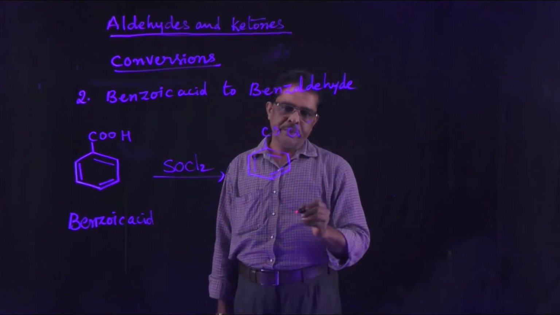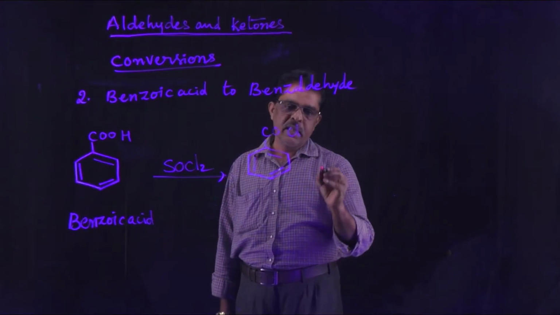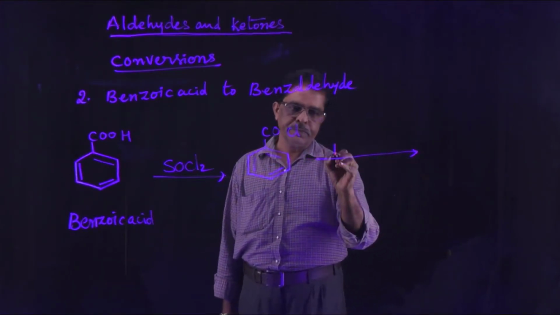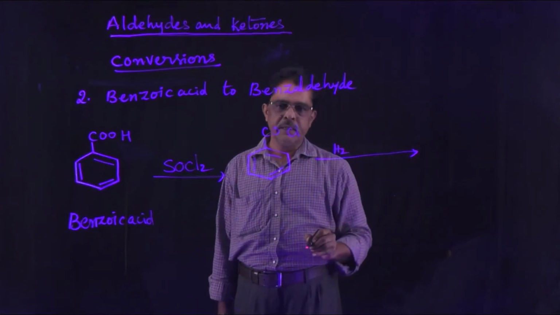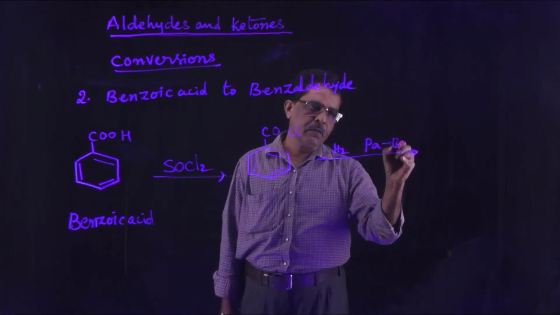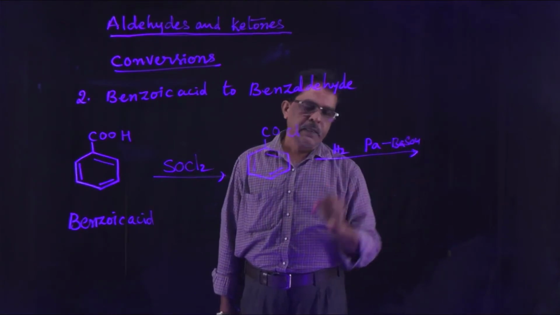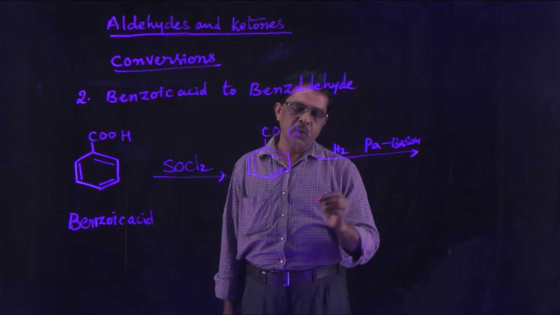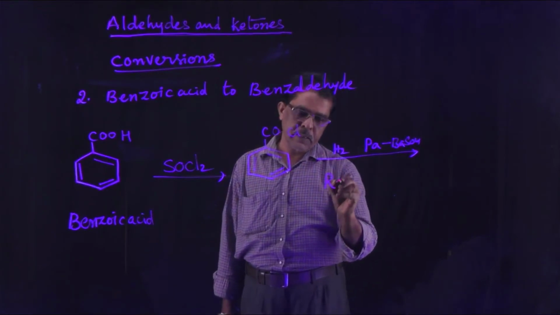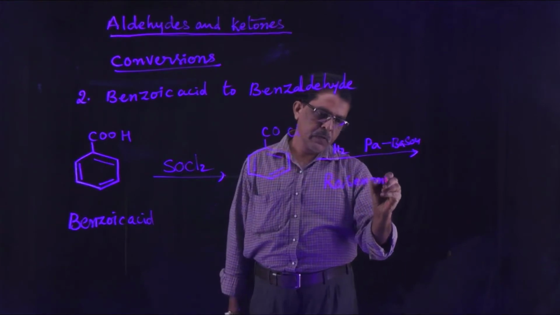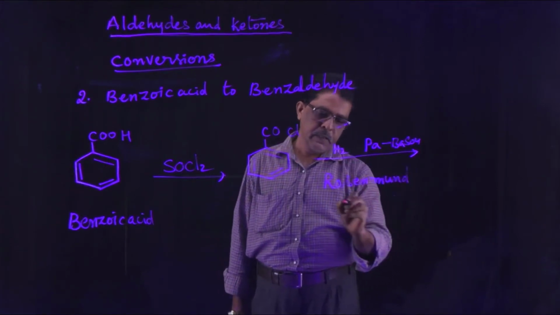Understand? Then this is the acyl chloride, benzoyl chloride. This benzoyl chloride is reduced with hydrogen in the presence of palladium and barium sulfate. This is a very important name reaction. We can say it as Rosenmund reduction reaction.